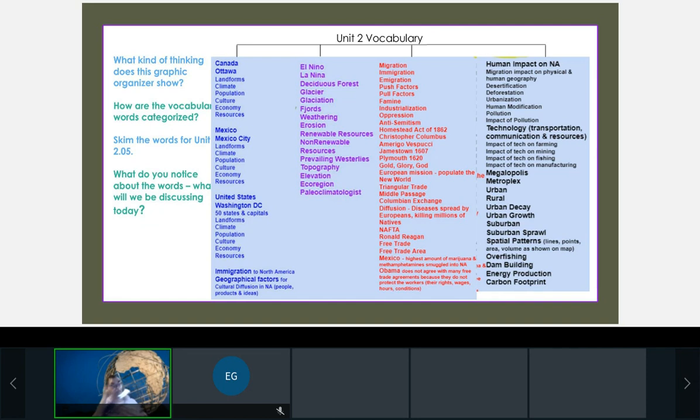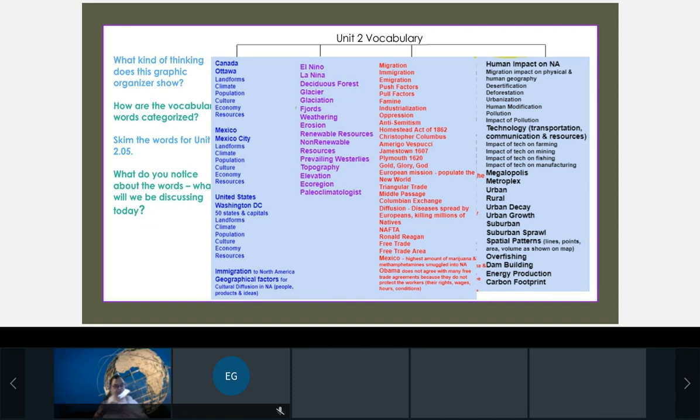And then we get to migration, immigration, emigration, push and pull factors, famine, oppression, anti-Semitism, the Homestead Act of 1862, Christopher Columbus, Amerigo Vespucci. Okay, free trade, Ronald Reagan. These are all terms that are coming out of the human and history part. These are all history. God, Golden Glory, the triangular trade.